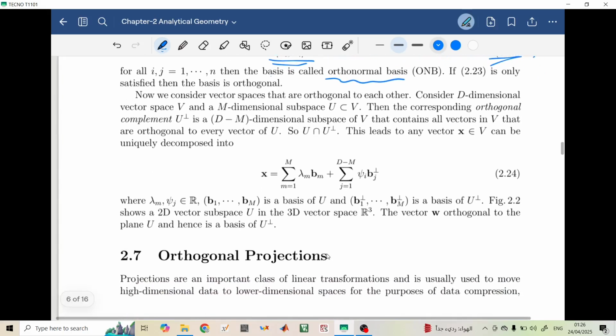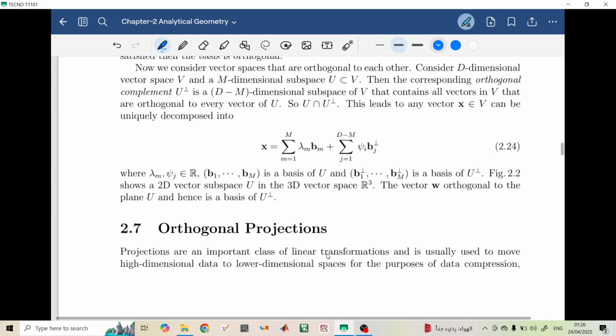Let's say that we have a vector space V and we have a subspace U of that vector space.